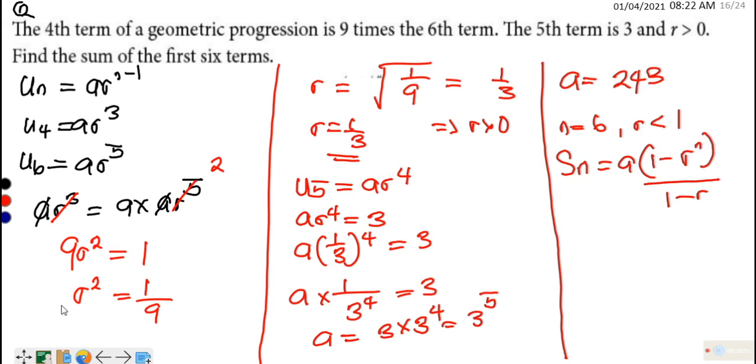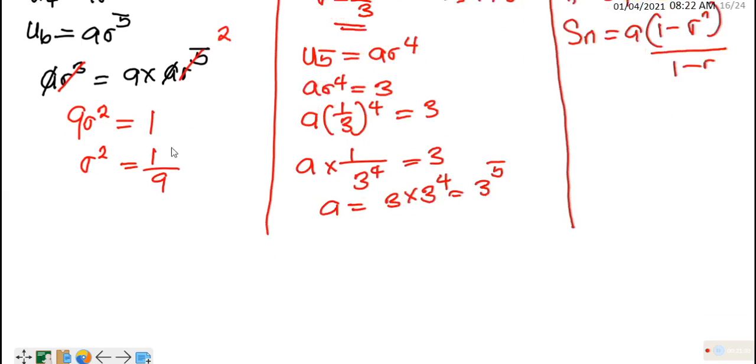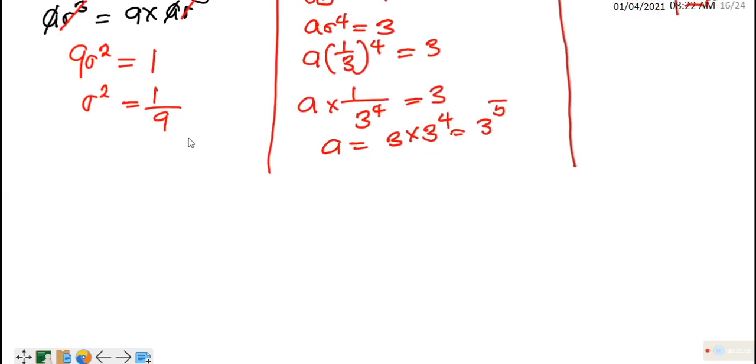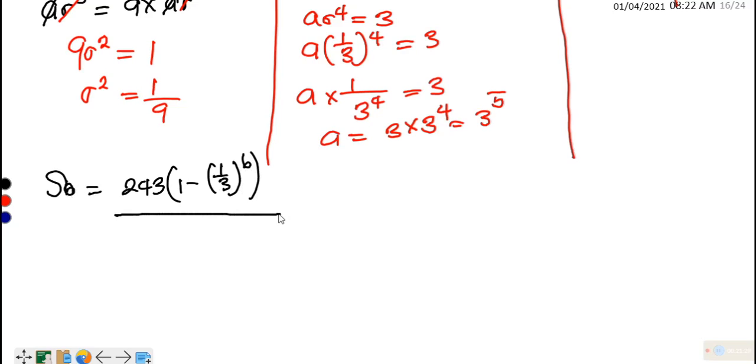So this is the formula we are using, and we have a, which is 243, into 1 minus 1 over 3 raised to power 6, all over 1 minus 1 over 3.